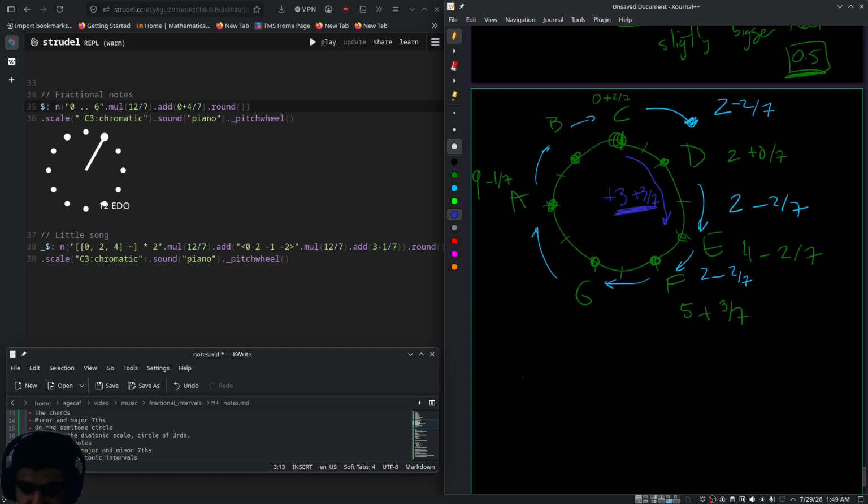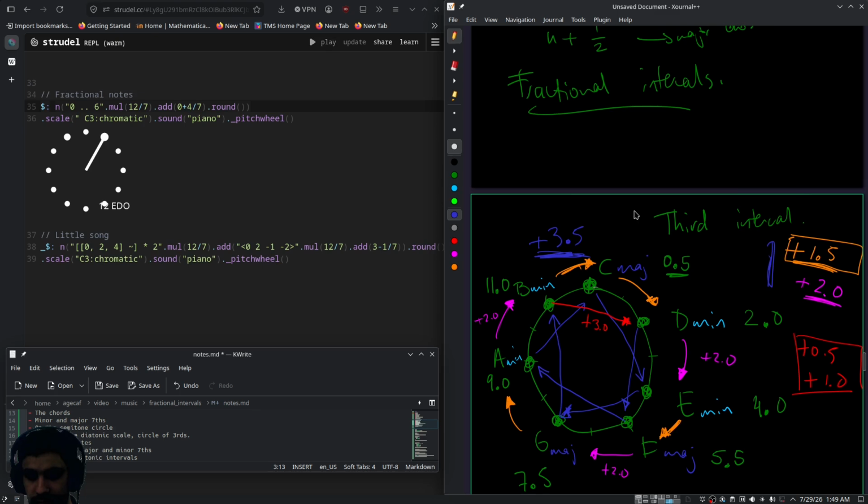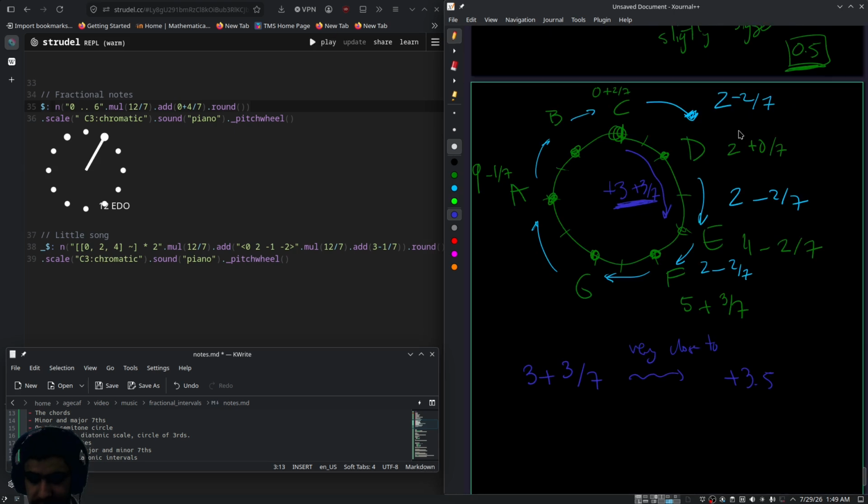And you will notice that 3 plus 3/7 is very close to +3.5, which was our going up a third in our major world. That was our big important interval. And so now we see why the 3.5 escapes, because the one that stays is 3 plus 3 over 7. 3.5 is a little bit too big. So if we do it long enough, the 3.5 is going to escape, whereas this one is going to stay.